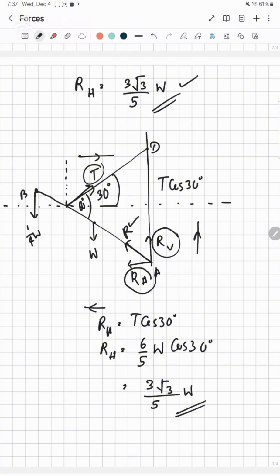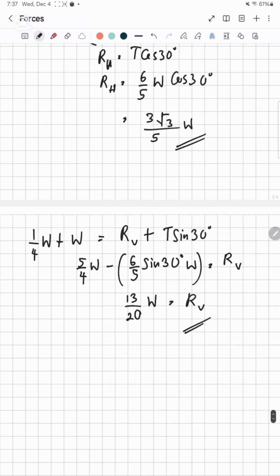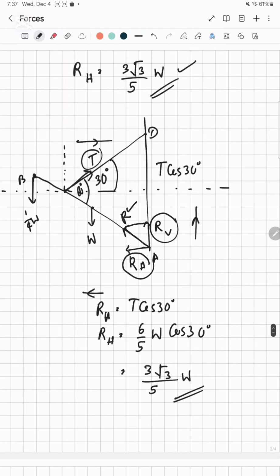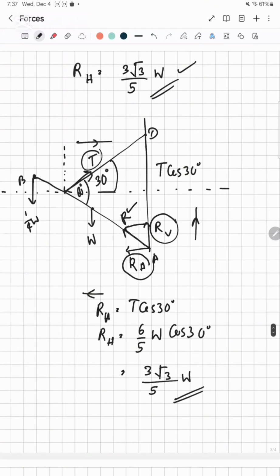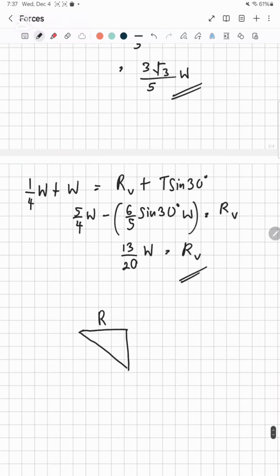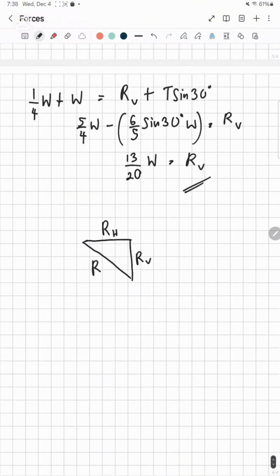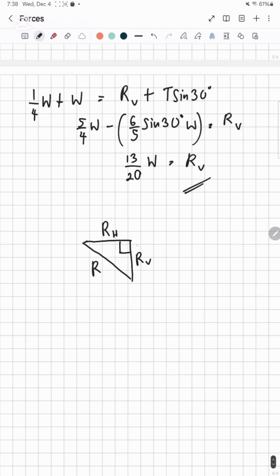RH is this way, RV is that way, and R is the resultant.